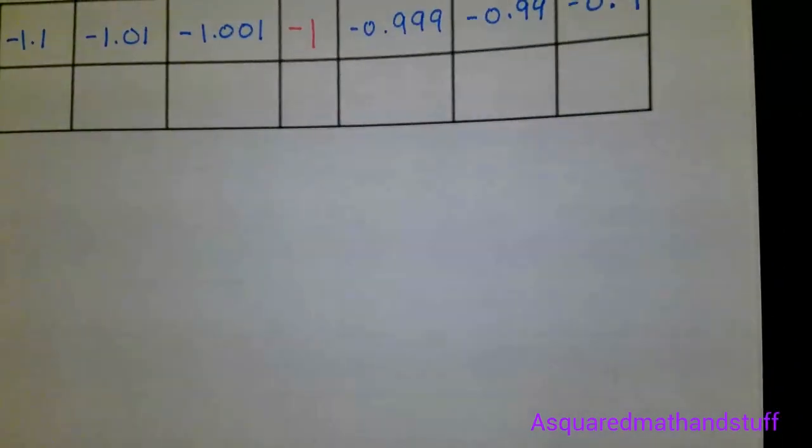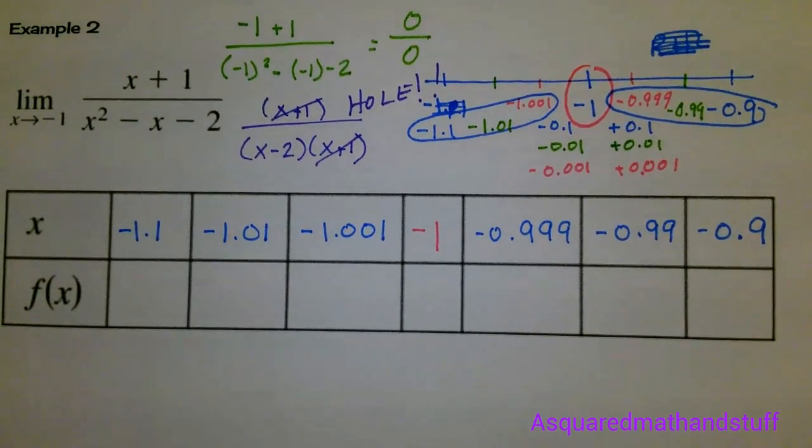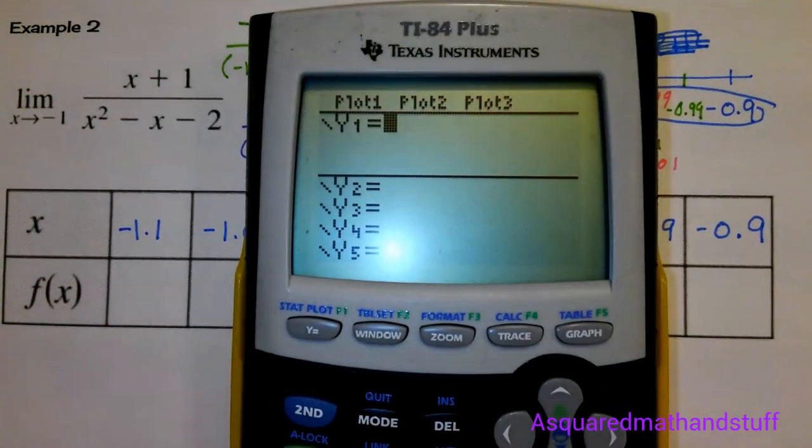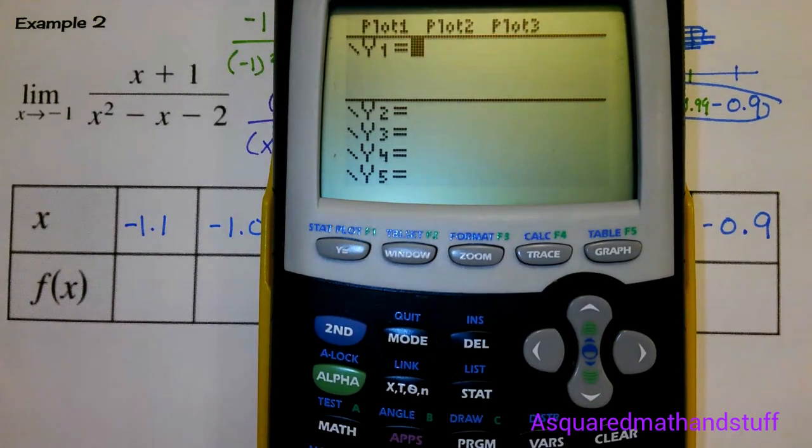So let's take a look at this table and see what our limit approaches. Again, get out your calculator. We're going to type in this equation. If you have anything in your y equals, go ahead and clear it out. I'm going to show you how to enter a fraction in terms of numerator and denominator.